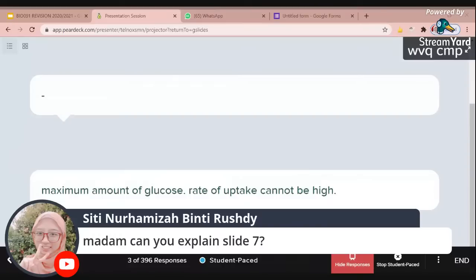Slide 7. So kita boleh kata pertama sekali, as concentration of glucose increase, rate of glucose uptake is also increase.